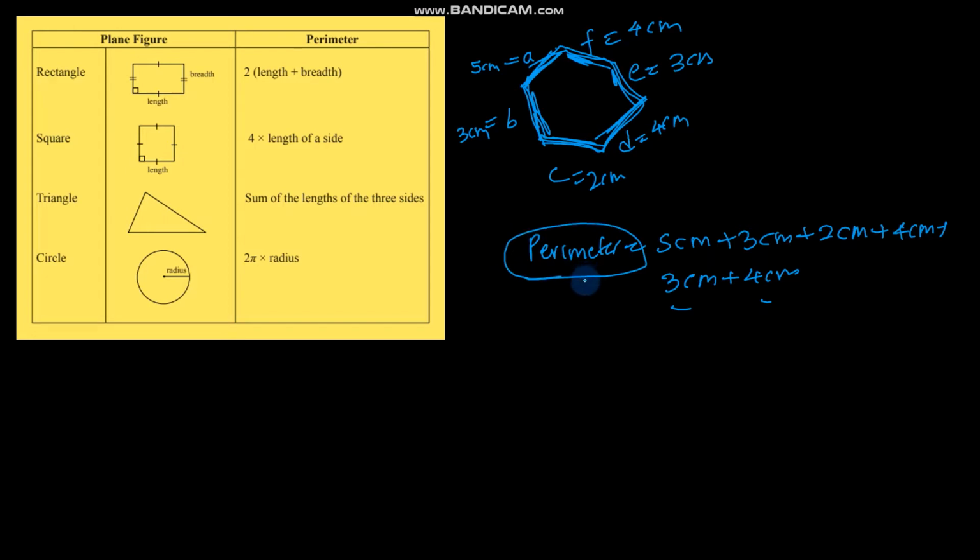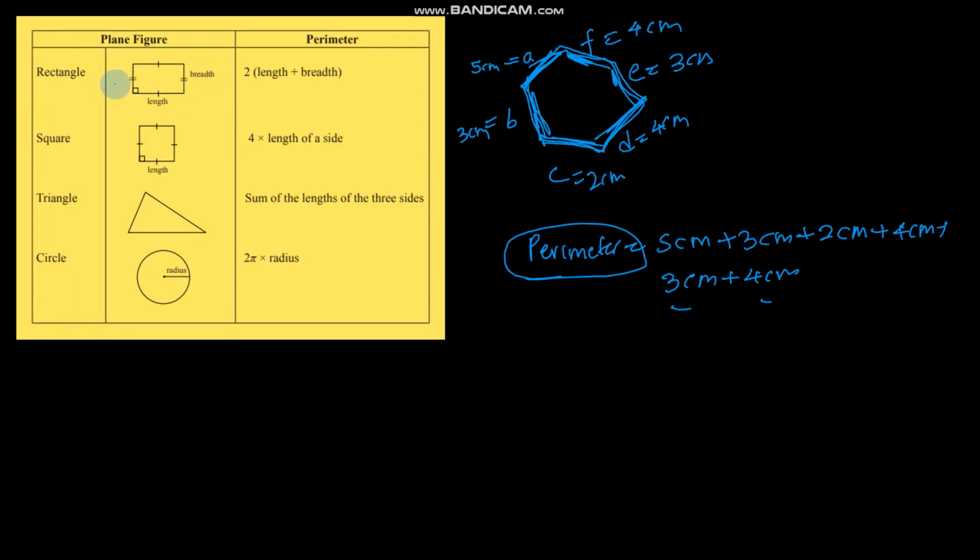So when it comes to perimeter, previously you have learned a couple of things. For the perimeter of a rectangle, they have given some sort of formula, but my advice is always stick to the basics. Perimeter means the addition of the lengths of all the sides.